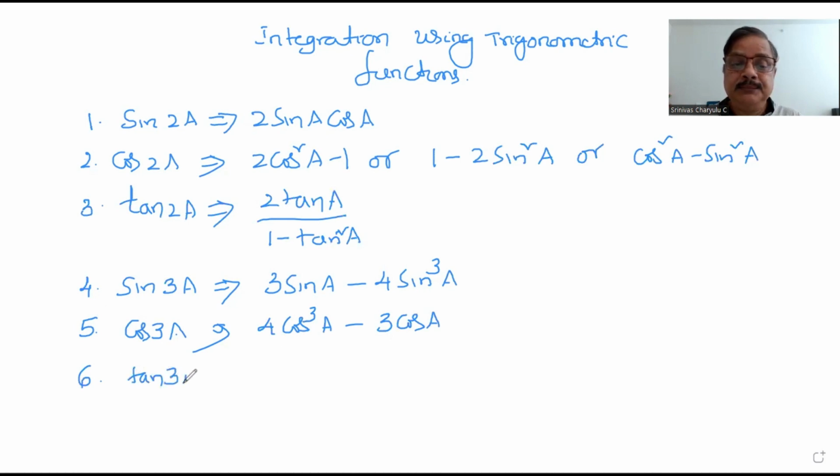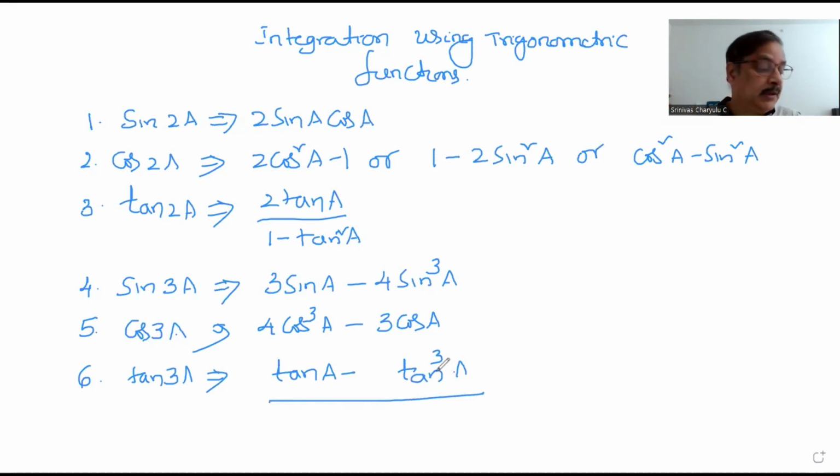Tan 3a is 3 tan a minus tan cube a, divided by 1 minus 3 tan square a.